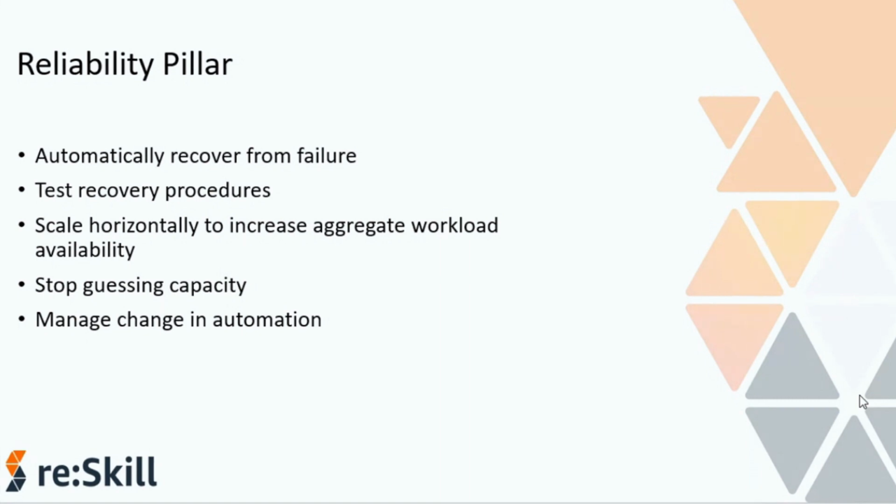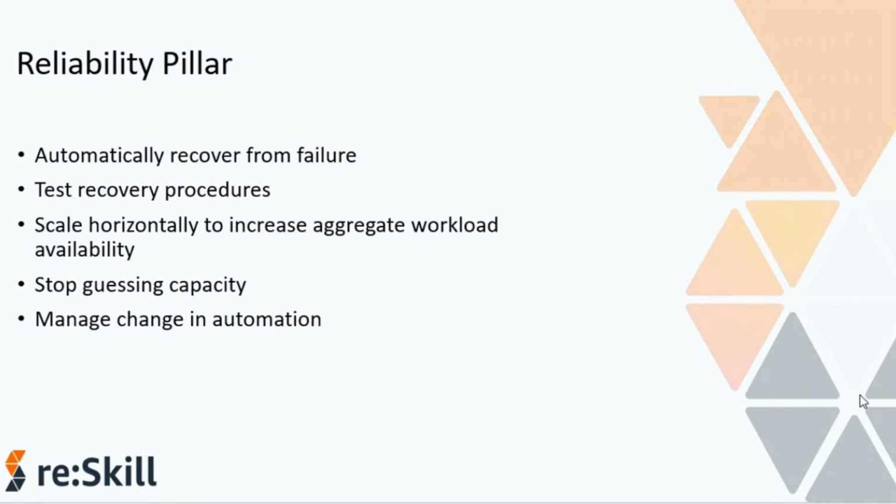Scale horizontally to increase aggregate workload availability. We know we have the auto scaling feature within AWS, with the help of which we can scale up and scale down the resources based on the user demand. So while designing the architecture, we should see how reliable my system is, based on the aggregate workload.